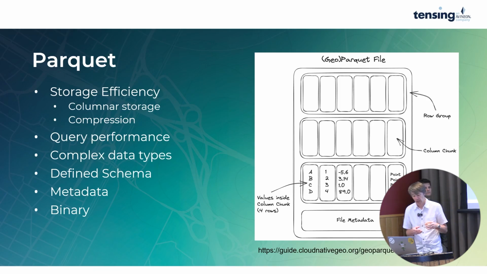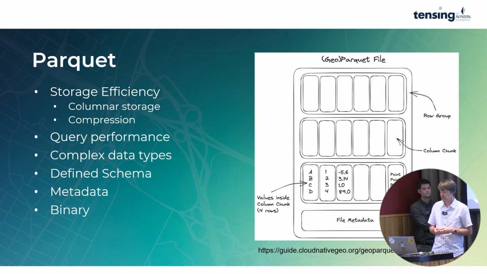It's binary, it's built for speed and for querying, and it basically consists of what we call row groups and chunks of columns, and more importantly a lot of metadata about that file, and we can query the metadata to basically allow us to navigate to the bits of the data that we want to get. So we don't have to load all the data.